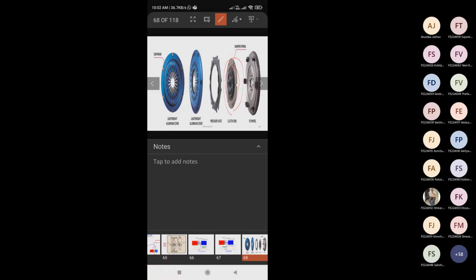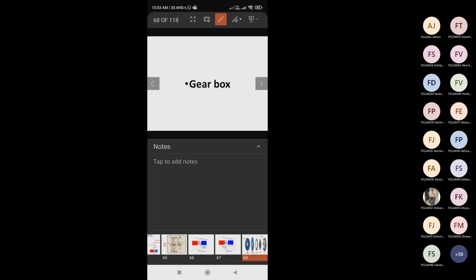At the periphery you can see the frictional material, right? This is the pressure plate. This is the flywheel, and these are the pressure diaphragm. That is nothing but when it is pressed at the center, it will move in the opposite direction at the periphery, right? In the Tom lab, we have seen this.